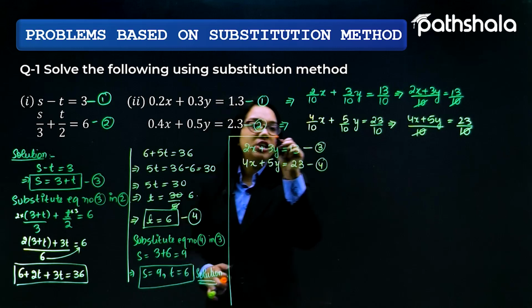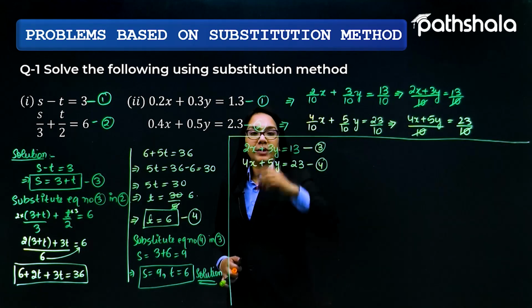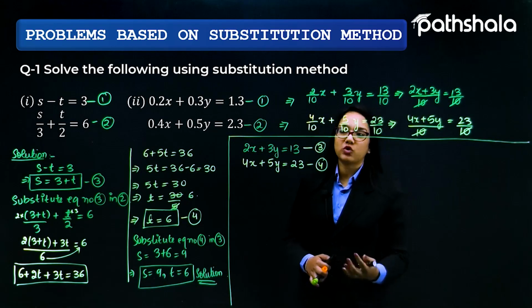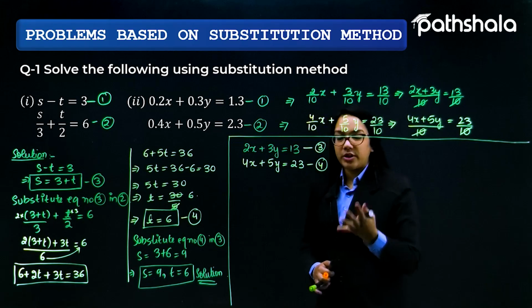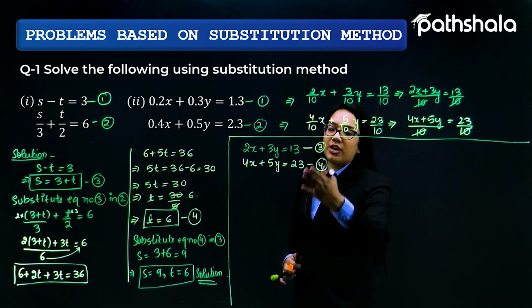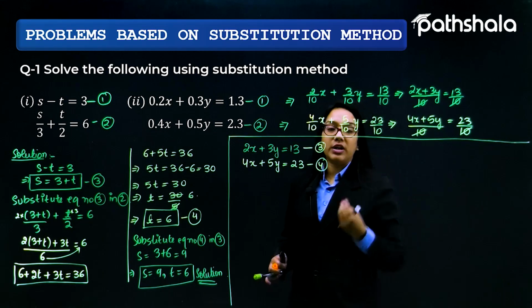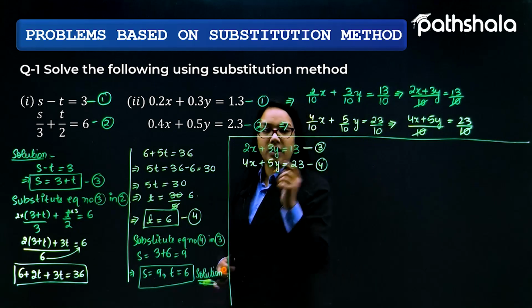Now I will use these two equations in order to find the solution. So let's start step number 1. First of all, we have to reduce either of the equations, either y in terms of x, or x in terms of y. So let us take equation number 3rd first.